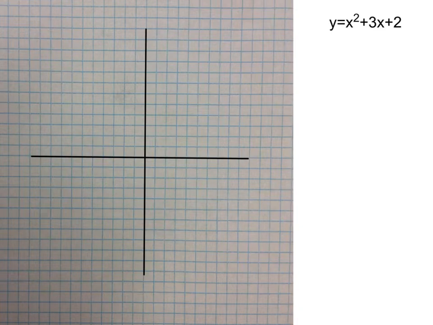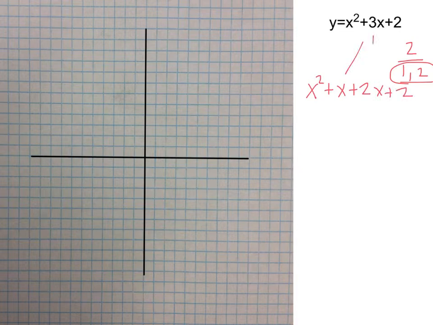So we're going to take this and we're just going to factor it like normal. Okay? So we take 2 as your magic number. You find 1 and 2, and that does equal 3, so those are my factors. So I take x squared plus x plus 2x plus 2. You split up the middle term, put a line down the middle, take out your GCF.